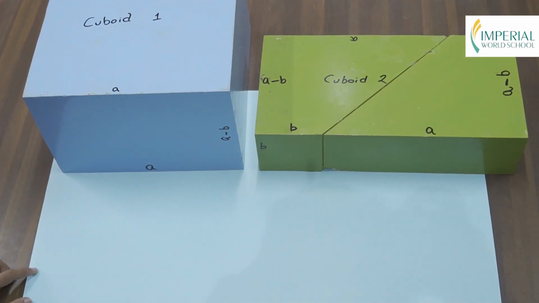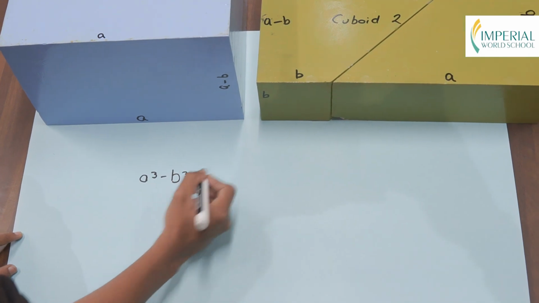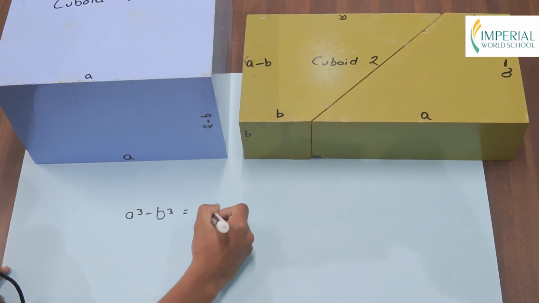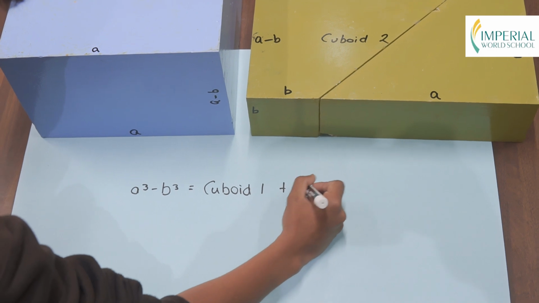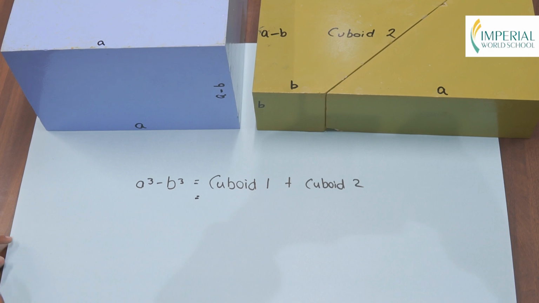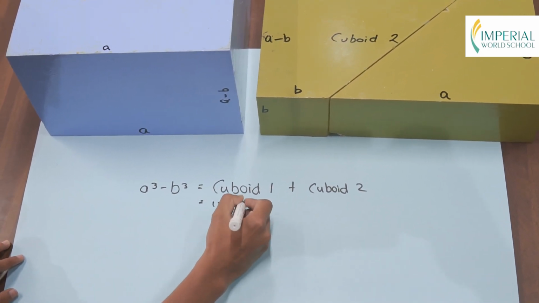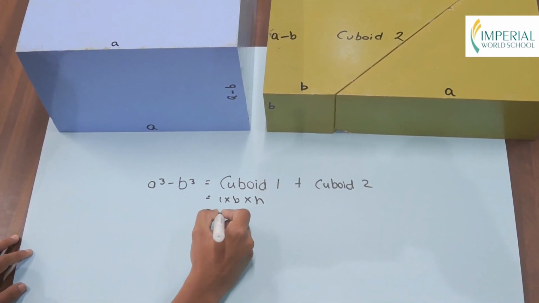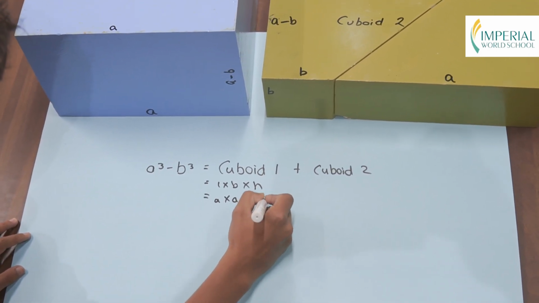Now to derive the formula of a³ minus b³, we need to find the volume of cuboid 1 and cuboid 2 and join them. We know in cuboid 1 we have the length, breadth and the height, which are a into a minus b.